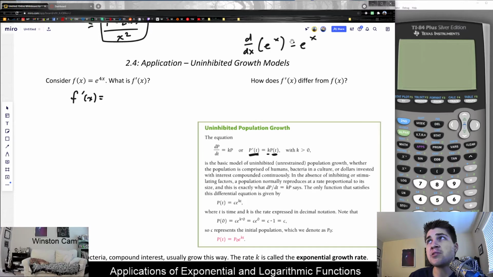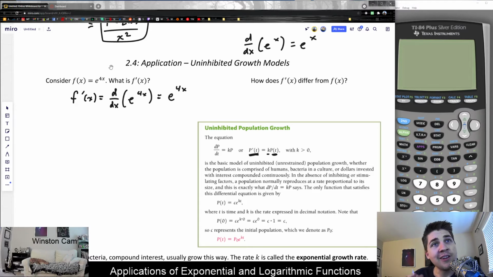But when we insert something else into the exponent, what's the derivative of my function e to the 4x here? I know the derivative of e to the x is e to the x, but here we have a 4. So what we always have to remember in such instances is the chain rule. I can take the derivative of the outside, so the derivative of e to whatever is e to whatever. It's the same thing, keep the exponent the same.